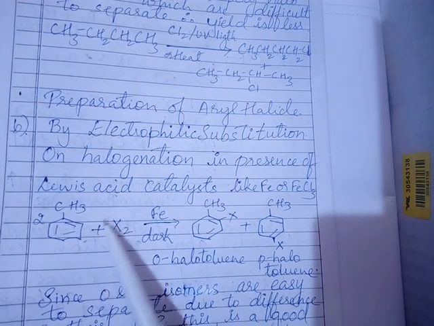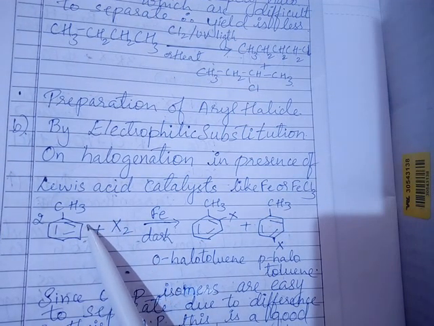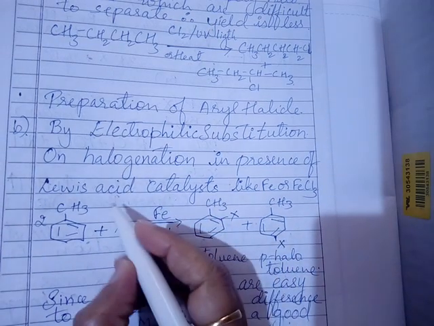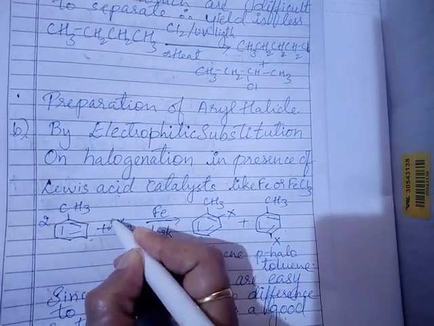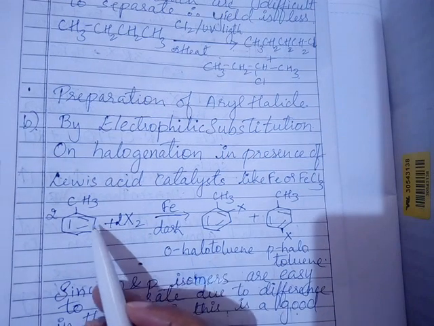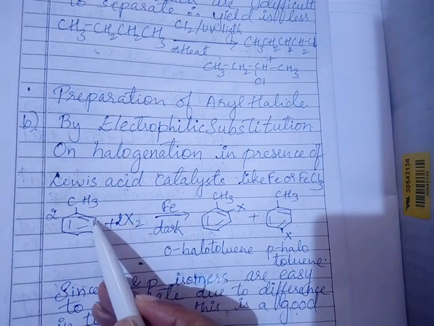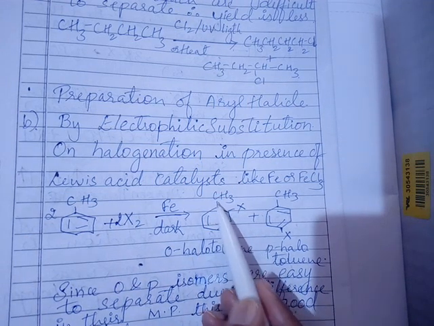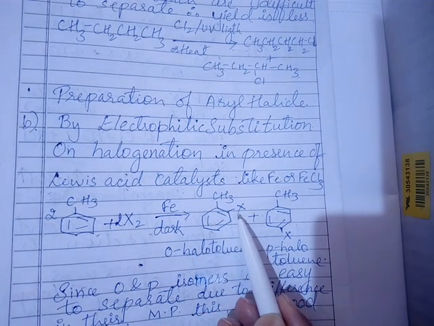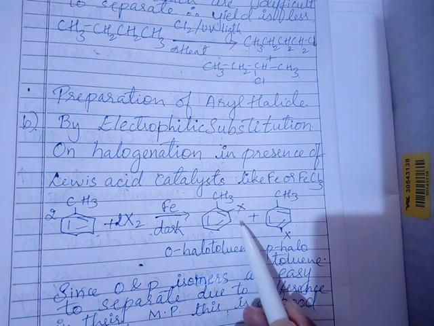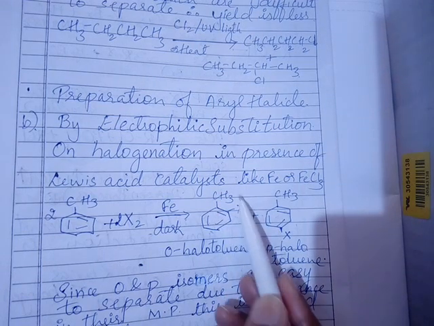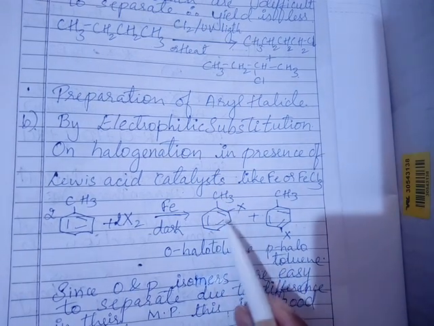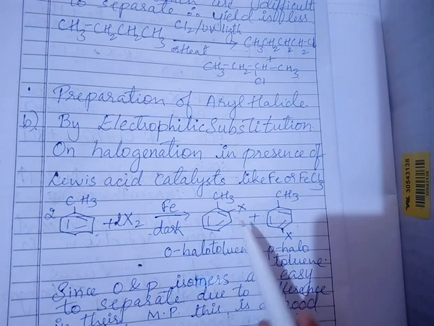That means the hydrogen is removed from here and a halogen is introduced there. So here 1 hydrogen is gone, and in that place another halogen is introduced. Therefore you get one ortho substituted product. So this is ortho-halotoluene. We have taken toluene as the compound, so it is ortho-halotoluene.